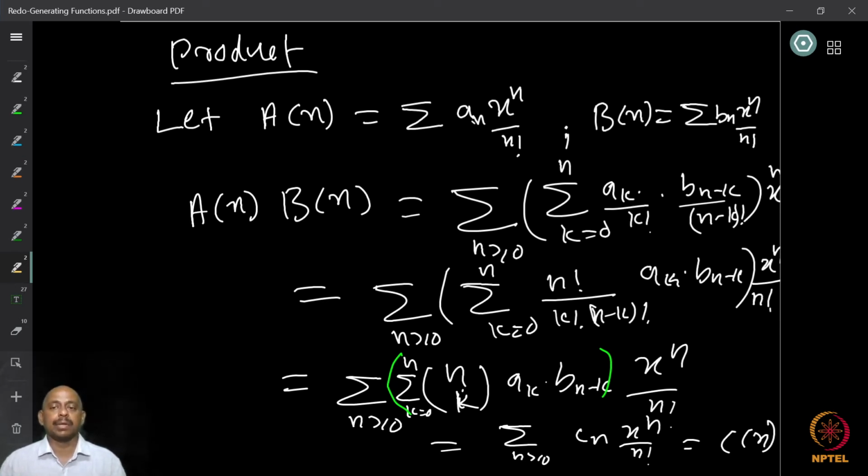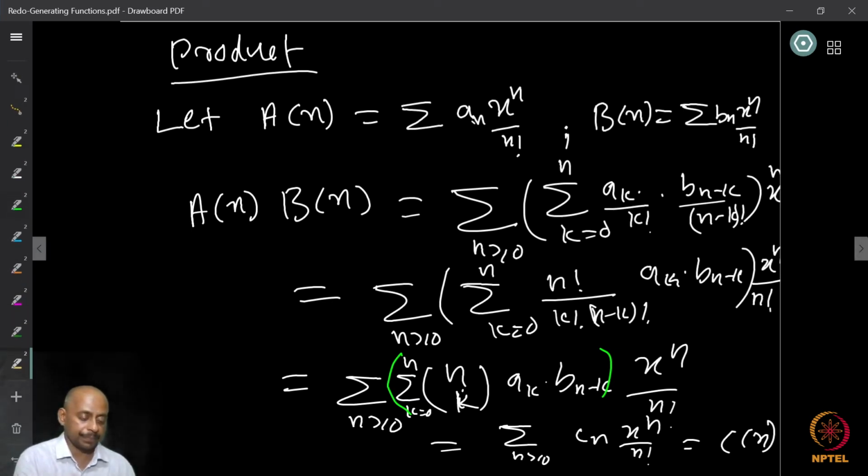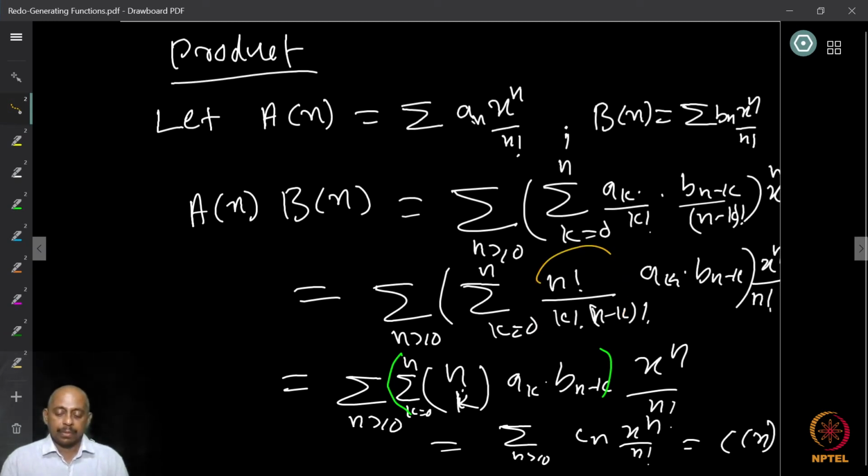Therefore, the coefficient of x^n by n factorial is obtained by multiplying by n factorial the term that we got. So I get the summation k equal to 0 to n of n factorial divided by k factorial into (n-k) factorial. This is by converting x^n into x^n by n factorial, so you have to multiply by n factorial here, right?